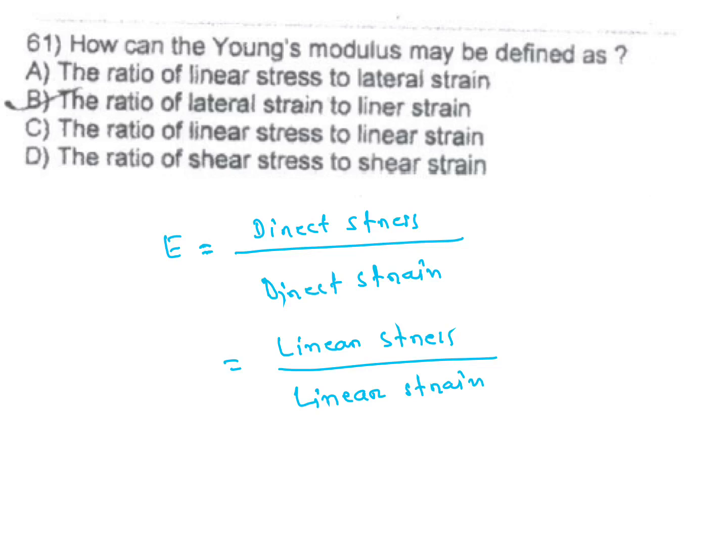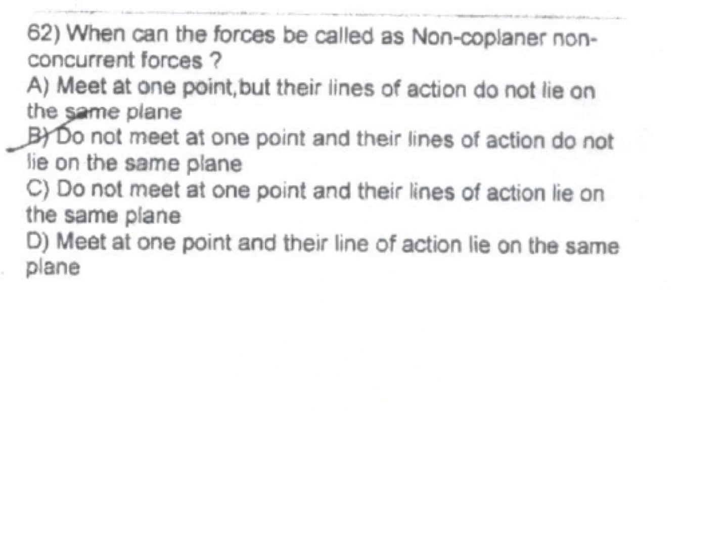When can the forces be called non-coplanar, non-concurrent? Non-coplanar and non-concurrent. So meet at one point means concurrent. This won't follow. Do not meet at one point means non-concurrent. Then their lines of action do not lie on the same plane. B is the answer.